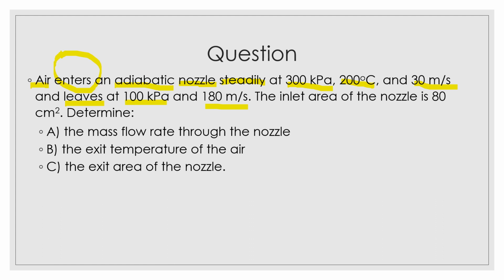Also, you will be informed the inlet area, which is another information related to the entering nozzle, which is 80 centimeter square. And then you will be asked the mass flow rate. Just remember, the nozzle will experience the same mass flow rate, either at inlet or outlet. Exit temperature means T2, and exit area of the nozzle is A2.